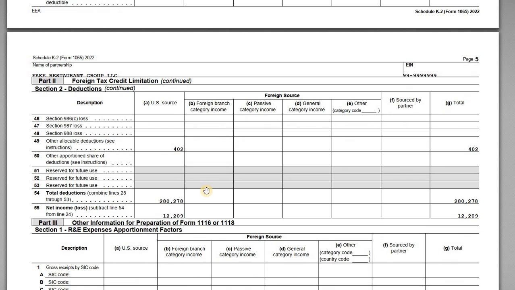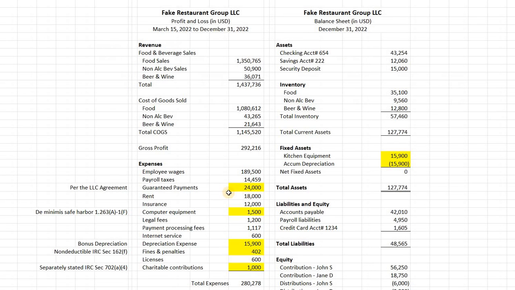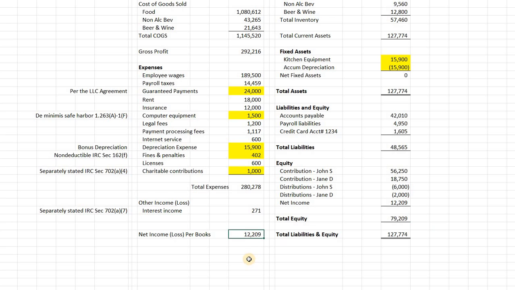And then in this case, it does actually foot in that it matches our book income or loss. So when we look at our net income or loss here on line 55, we can see $12,209. That reconciles with our book income, all right? So our book income or loss per our financial statements, $12,209, and again, that reconciles with our M1.